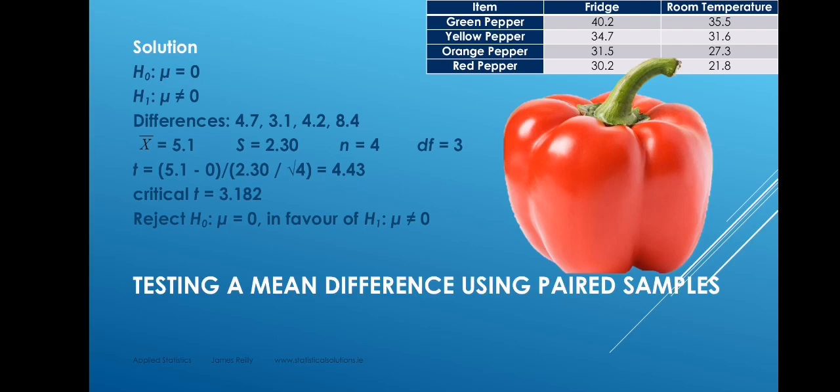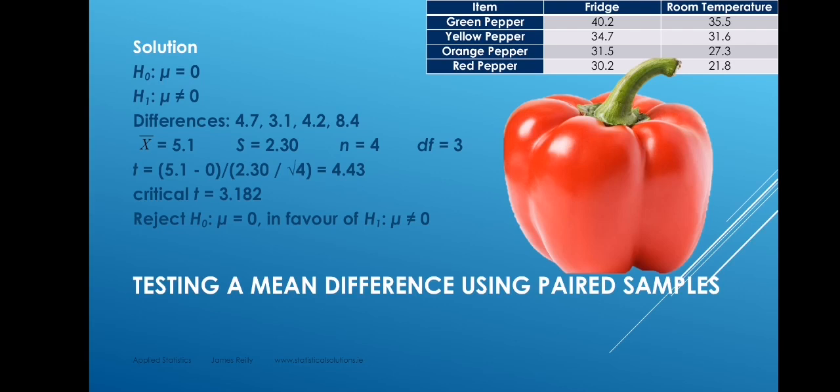So in the tables of the t-distribution, with 3 degrees of freedom, we look under the 2.5% heading. 2.5% in both the left and right tails means 5% in the rejection region comprising both tails. So 3.182 is the critical value. The calculated value is 4.43. This is more extreme than the critical value, so the calculated value of the test statistic falls into the rejection region.